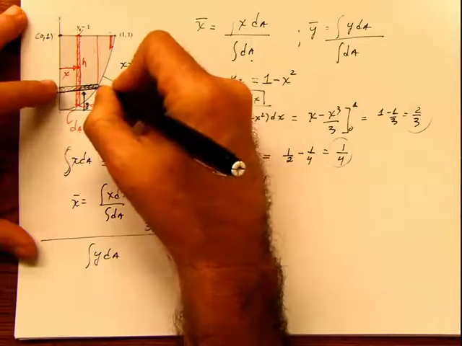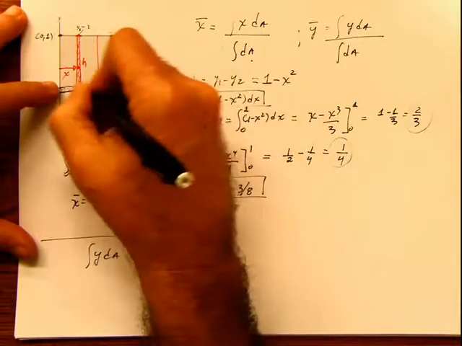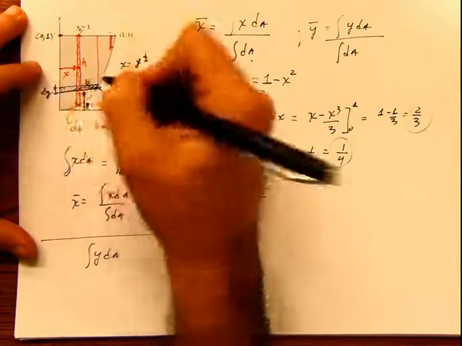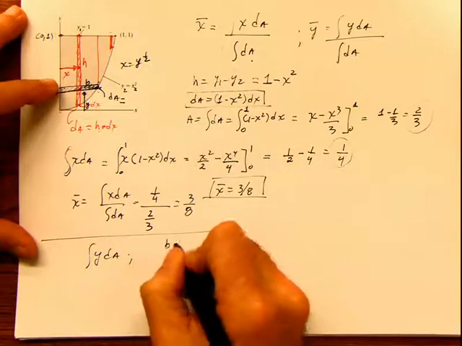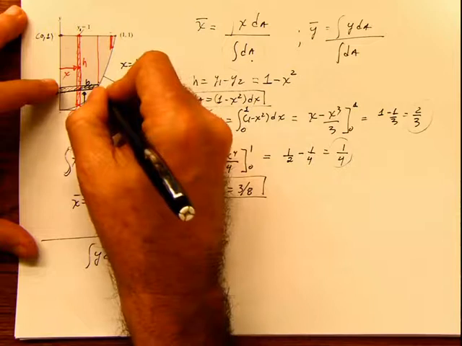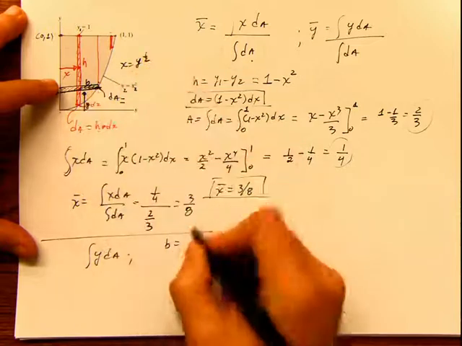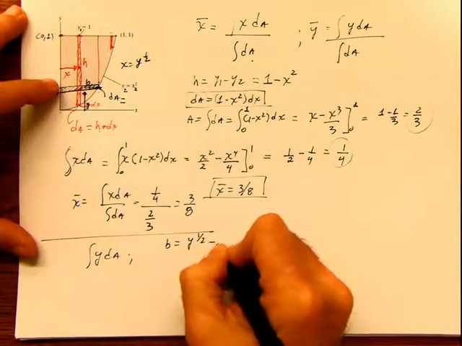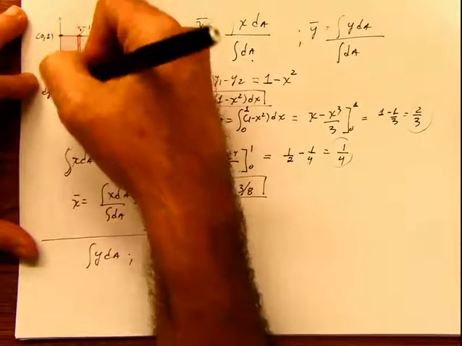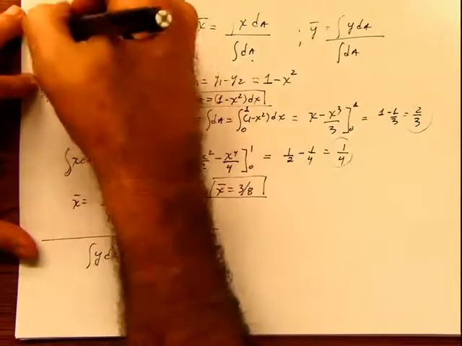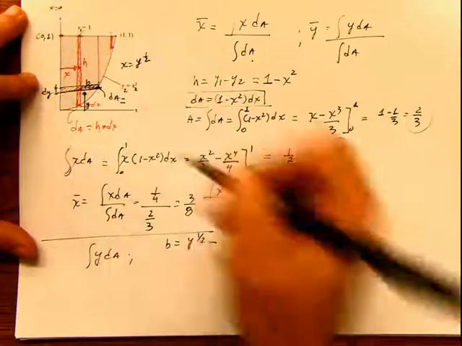So basically this differential of area, if I say that this part is, I don't know, b, this length, that b is going to be the value of x at this point, which is y to the 1/2, minus the value of x defined by this line, but this line is x equals 0. That's the line that defines this vertical line here.